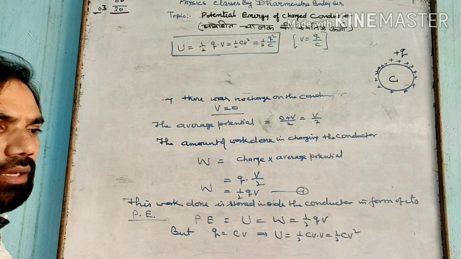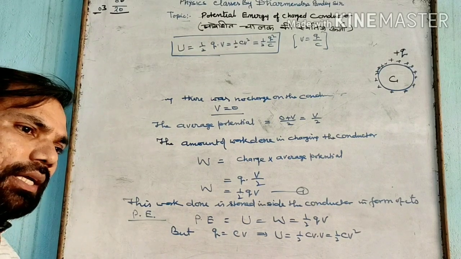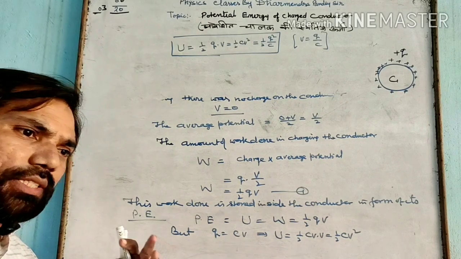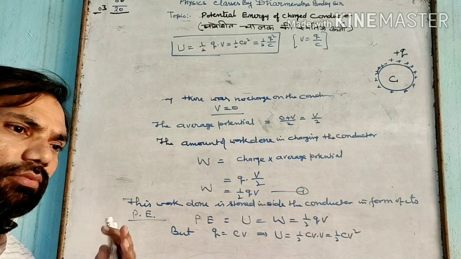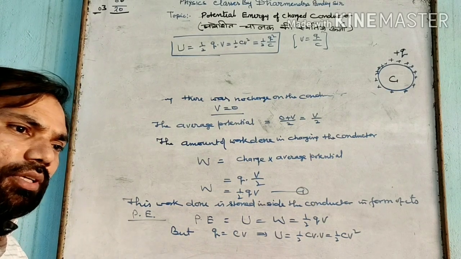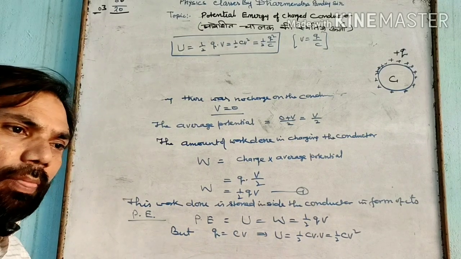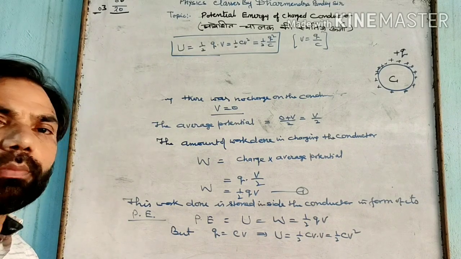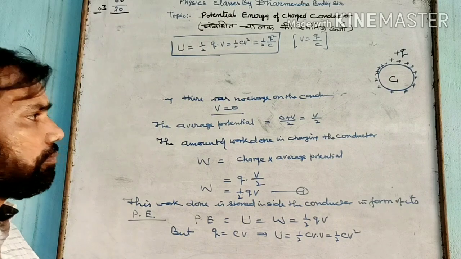When a conductor is given any charge, then to supply the charge, certain work has to be done, and that work will be stored in the form of its potential energy.